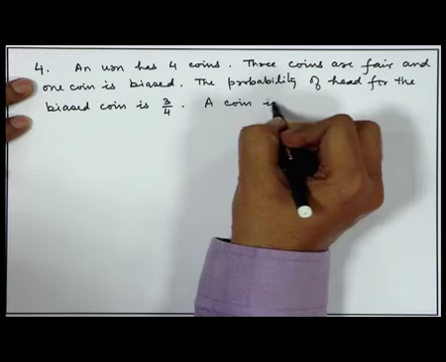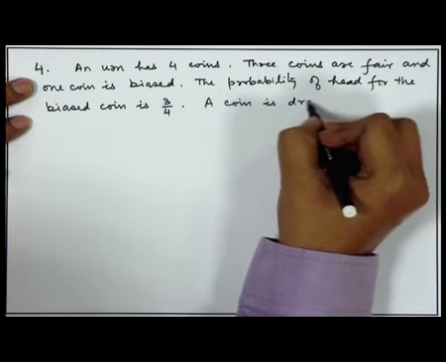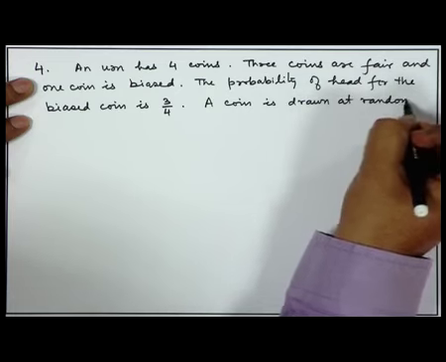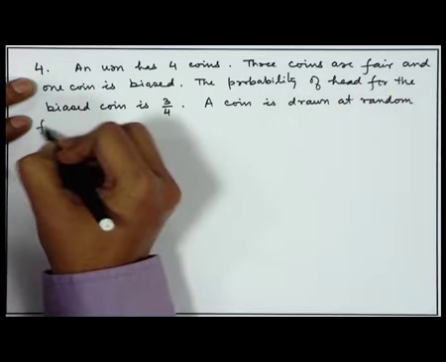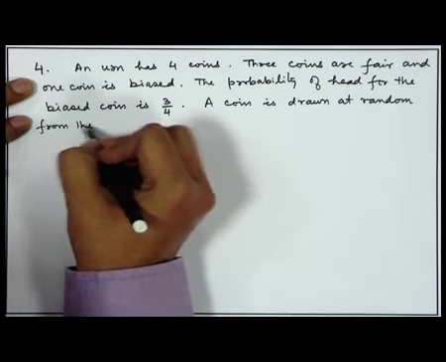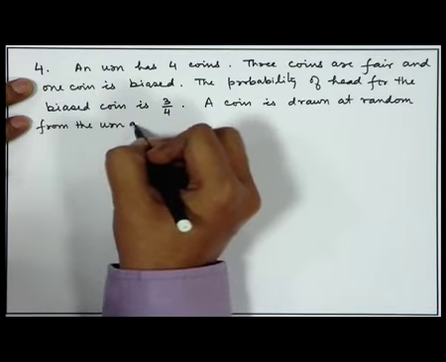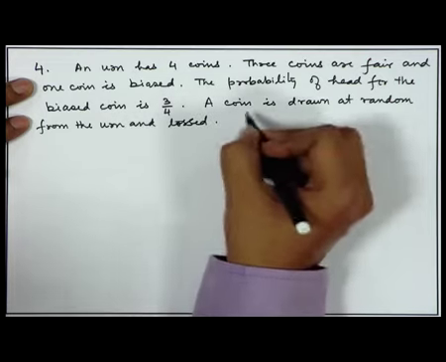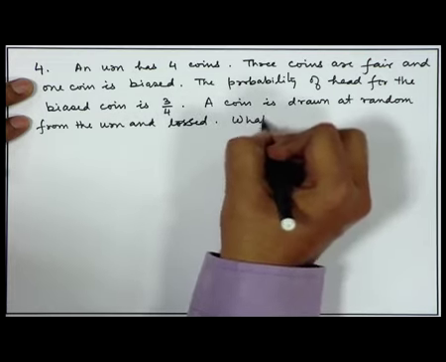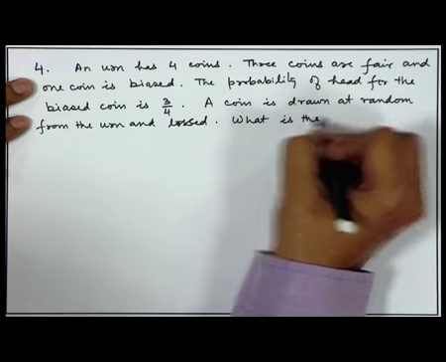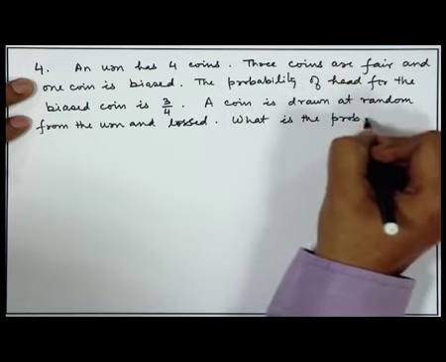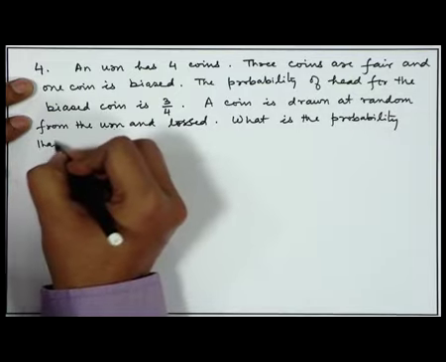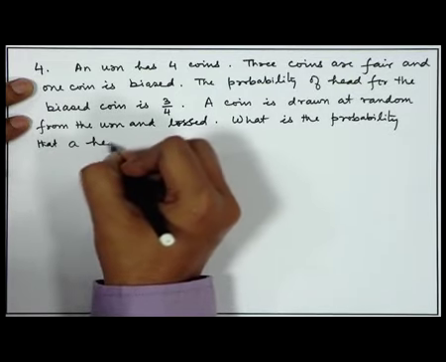A coin is drawn at random from the urn and tossed. What is the probability that a head is observed?